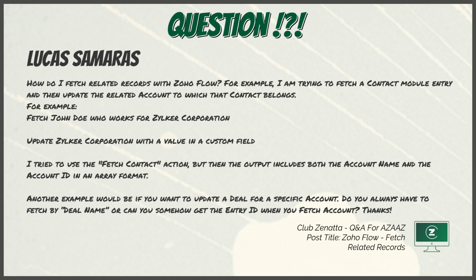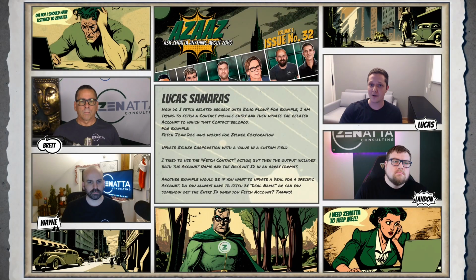I tried to use a fetch contact action, but then the output includes both the account name and the account ID in an array format. It's actually a map format. Another example would be if you want to update a deal for a specific account. Do you always have to fetch by deal name, or can you somehow get the entry ID when you fetch account? Thanks.